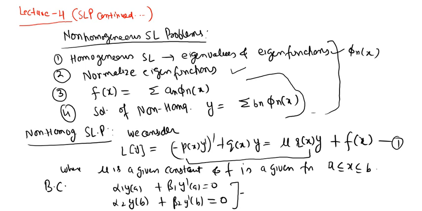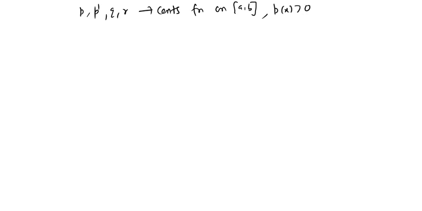So these are two boundary conditions, and we put labels 1 and 2. And of course you have continuity conditions that p', q, r are all continuous functions on interval [a,b], and p(x) is positive and r(x) is also positive, so the problem is regular.